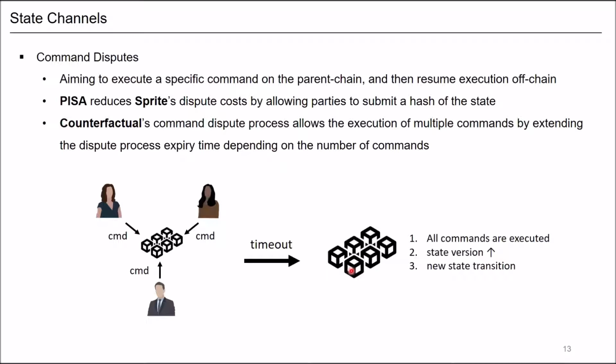After the dispute, the state version increments, and the new state transition is considered the newest channel state. And PISA reduces surprise disputes by allowing parties to submit a hash of the state. Counterfactual's command dispute process allows the execution of multiple commands by extending the dispute process expiry time depending on the number of commands.